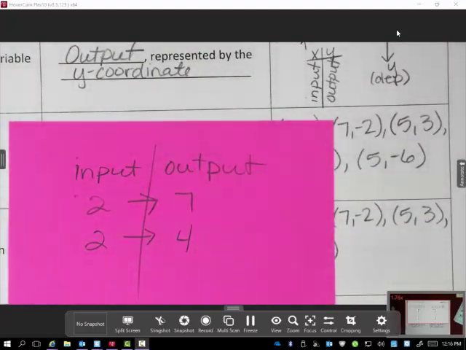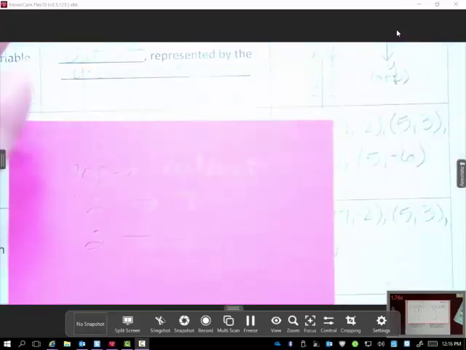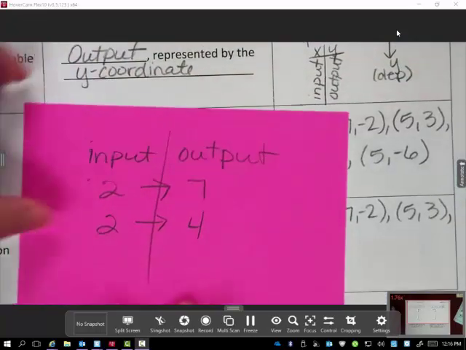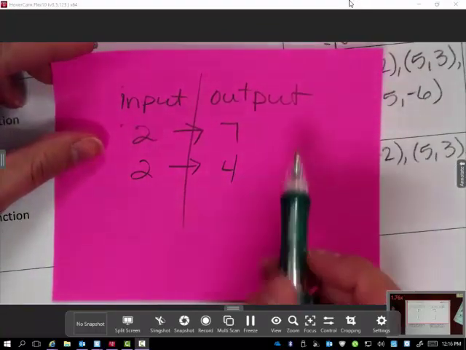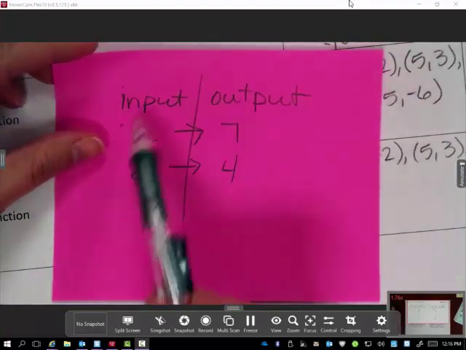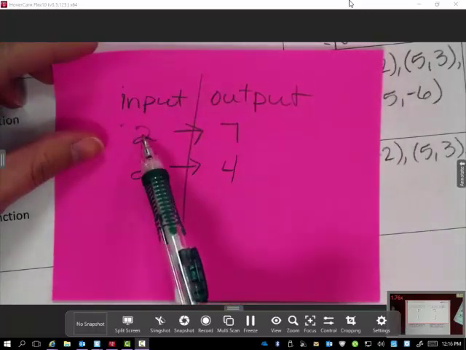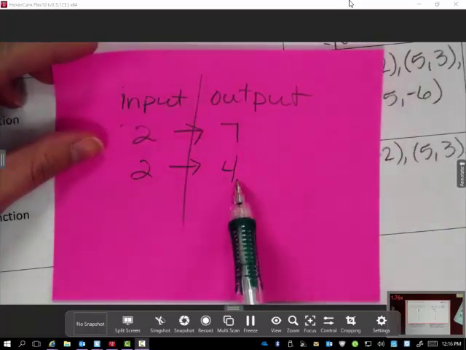No. So this situation right here, that's kind of hard to see, isn't it? Yes. That's why you had 272. That's even worse. Yes. It's fine. Okay. This situation right here would not be a function because this input has 2 different outputs. Oh, I see. Does that make sense now?